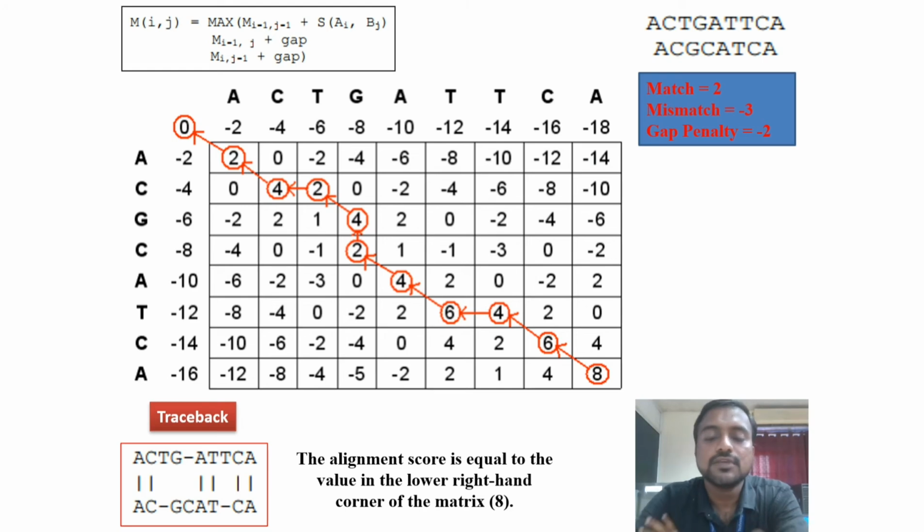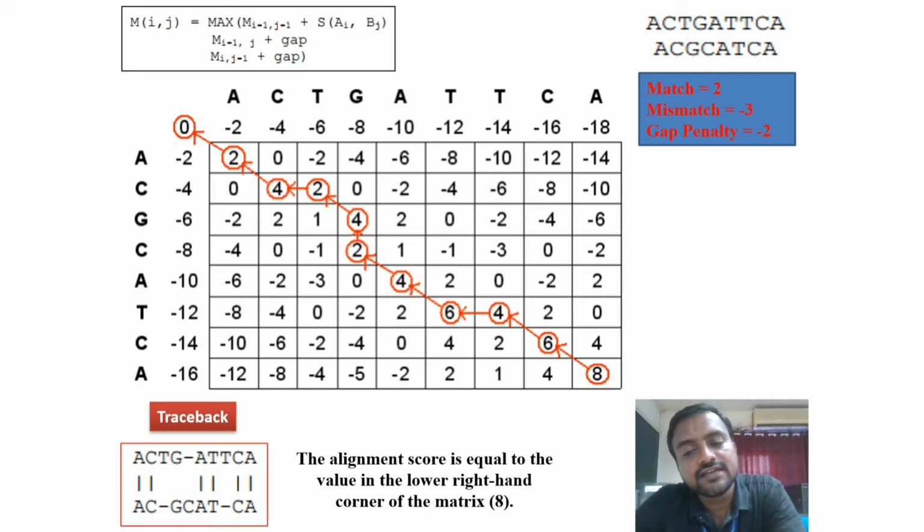Since it is a global alignment, which means all the characters from the beginning till the end are to be aligned, we will start our traceback from the extreme right-hand bottom cell. In this case, this is the one, 8. This 8 was obtained because of the contribution of 6, which is a clear diagonal.